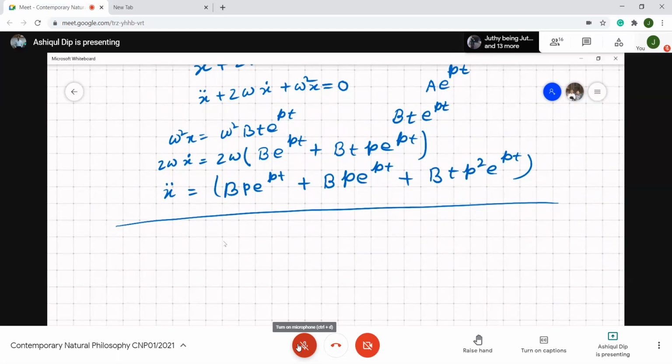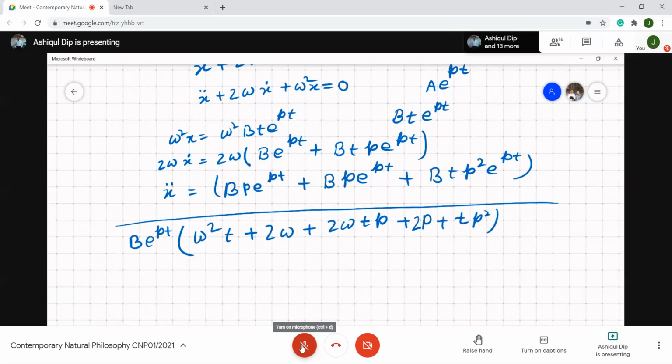So if I factor out b e to the power pt, I get omega squared t plus twice omega plus twice omega t p plus twice p plus t p squared, right?